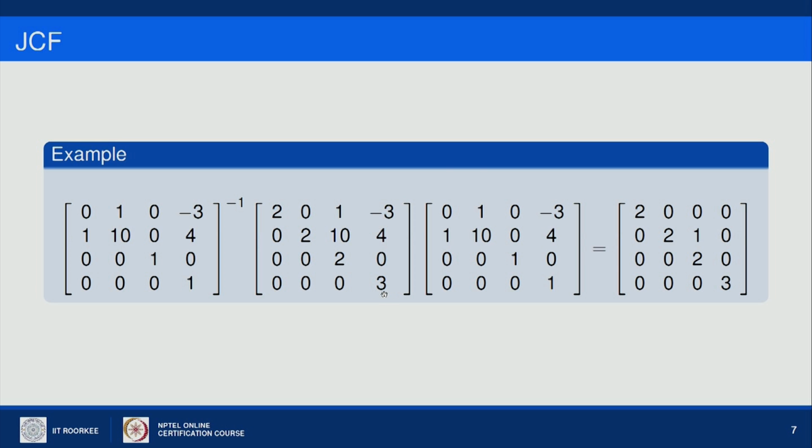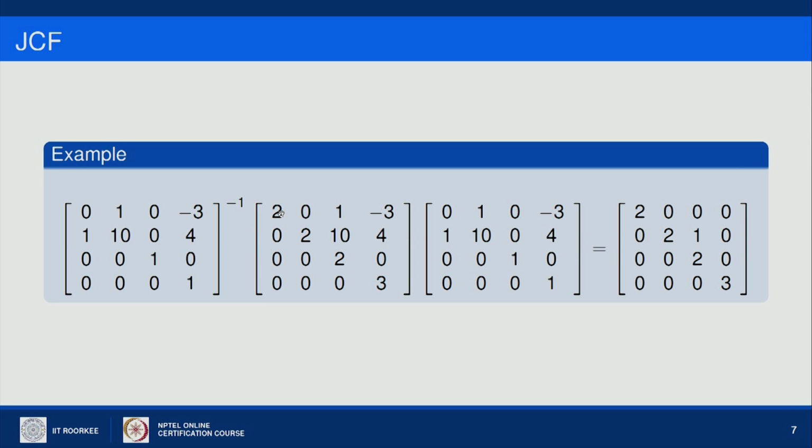Since the algebraic multiplicity of 3 is 1, we are sure there will be only one Jordan block for 3, because there will be only one linearly independent eigenvector. If you find the eigenvectors of this matrix corresponding to lambda equals 2, the number of linearly independent eigenvectors comes out as 2.